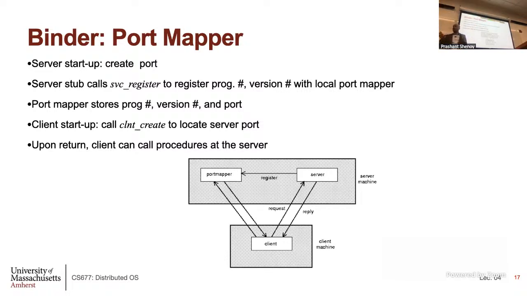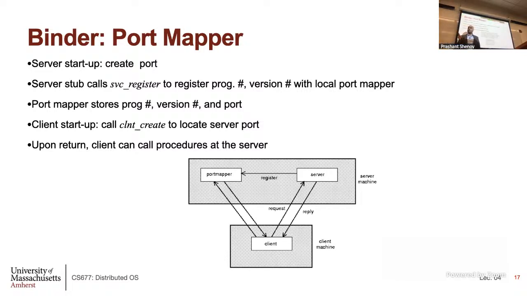So you can have a name and you have a version number. You cannot have two services running with the exact same name, because then when the client is asking the port mapper where this service is running, the port mapper will not know which of the two to return.